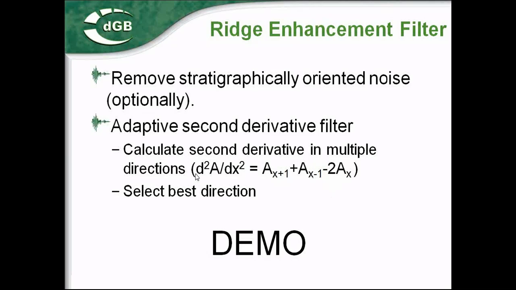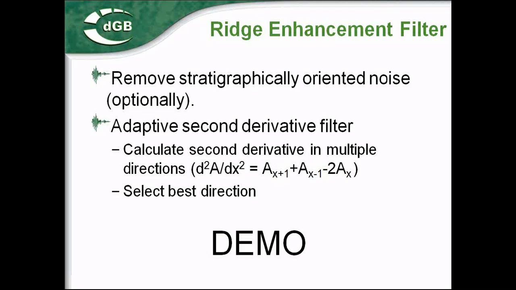And if you do them in multiple directions, inline, cross-line, diagonals, you can bet that one of the directions is approximately perpendicular to the fault, and it won't see the fault at all. And then you have probably another direction that's approximately parallel to the fault, and it won't see the fault at all, so that direction doesn't work.